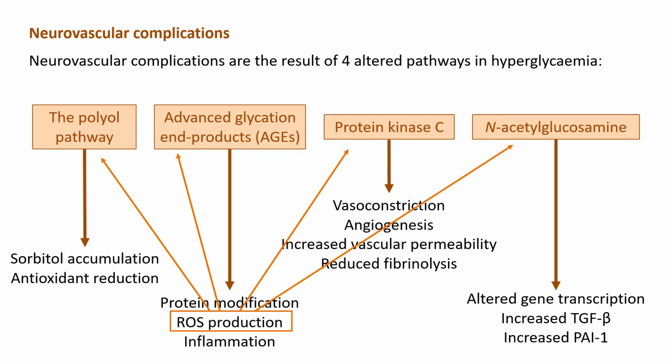So that was our 4 modified pathways that all contribute to neurovascular complications. And you can see not only is there an interaction within those pathways, there's also an interaction in terms of the neuro component and the vascular component of these complications.